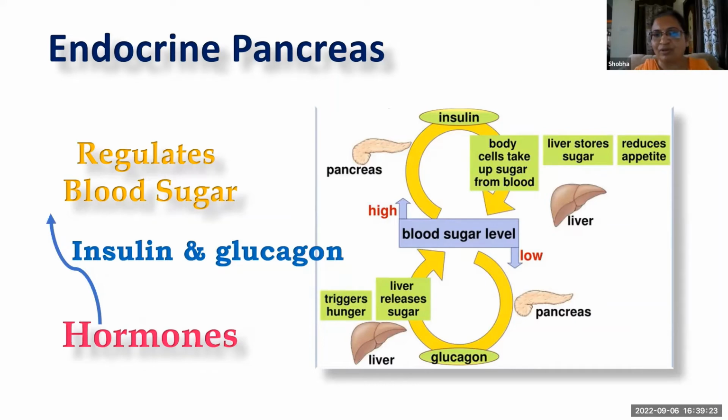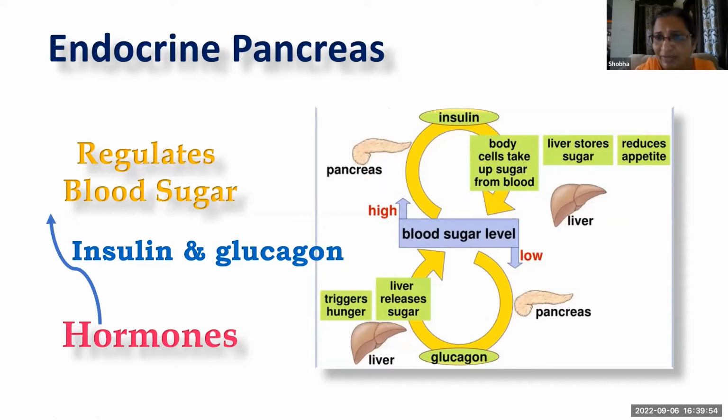So if you have a meal and once you eat, your body digests, that is the exocrine part taking care of it, and there is blood sugar released into the body. When the blood sugar level goes up, the pancreas will release insulin, and this insulin takes your blood glucose into the cells and it enters the liver, and from there it is distributed based on the requirement either to the muscles or for energy or any other requirements of the body.